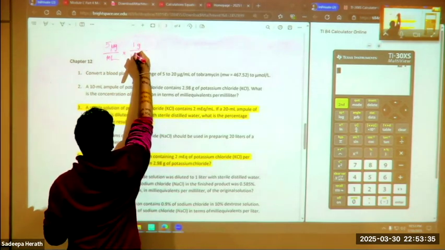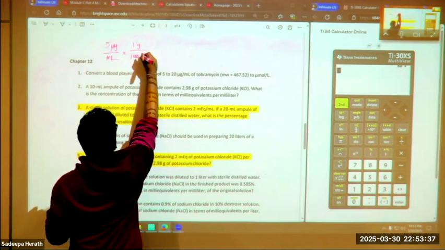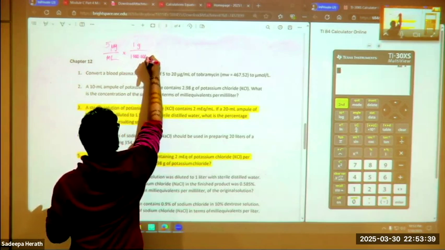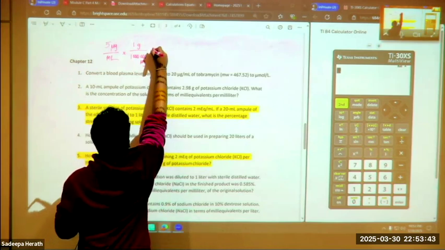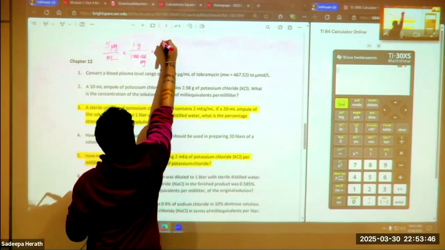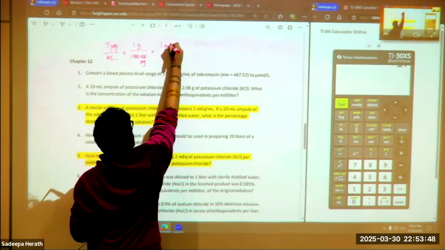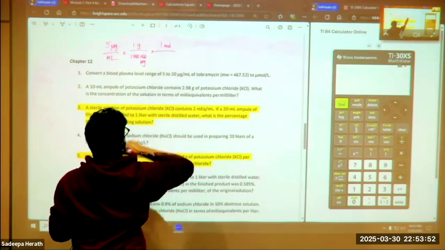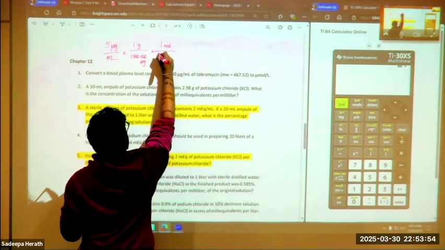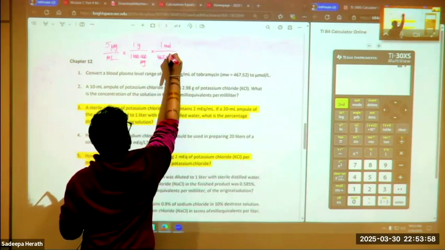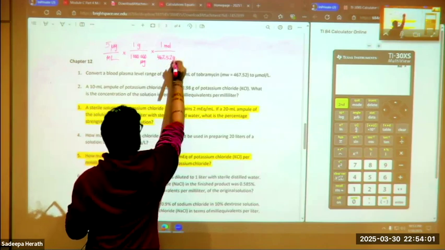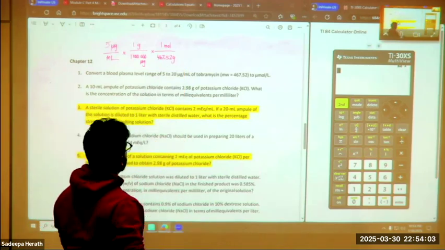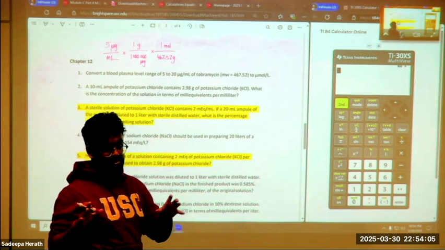So I'll just write that out. Micrograms, okay? Now we can convert to moles. So for every 1 mole of tobramycin, there are 467.52 grams of tobramycin. So now we're in that middle plane.